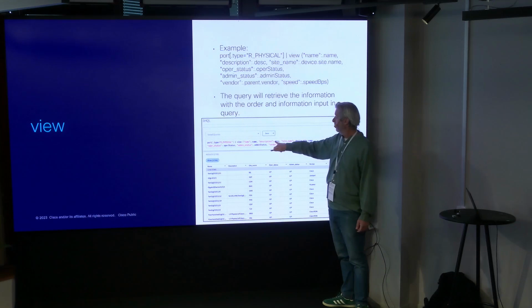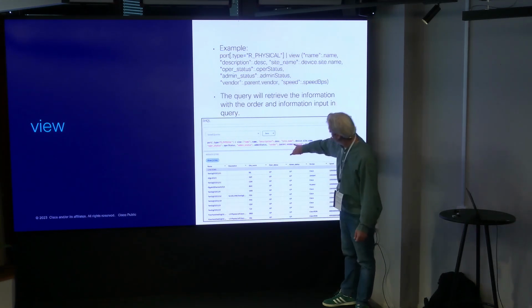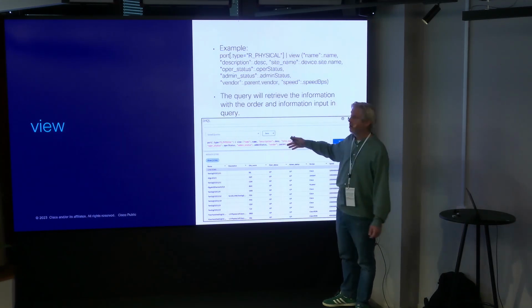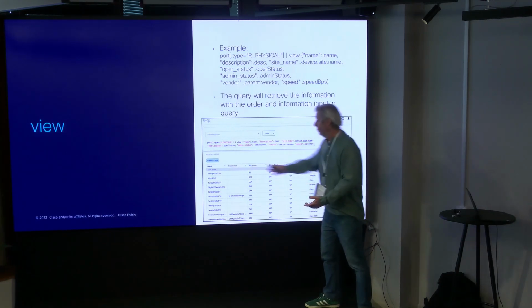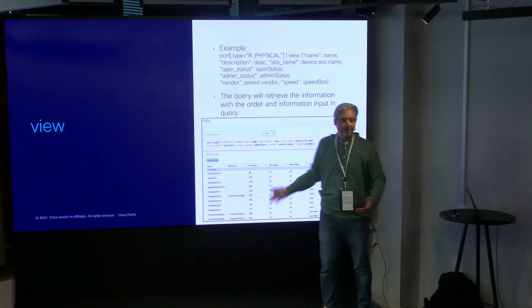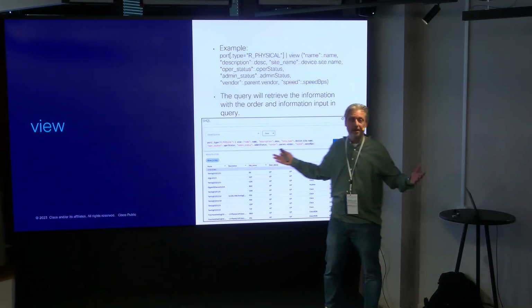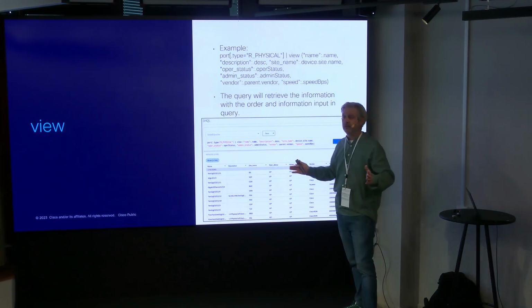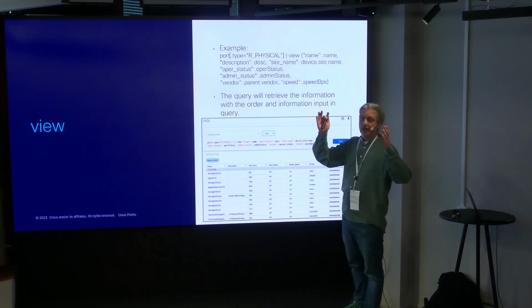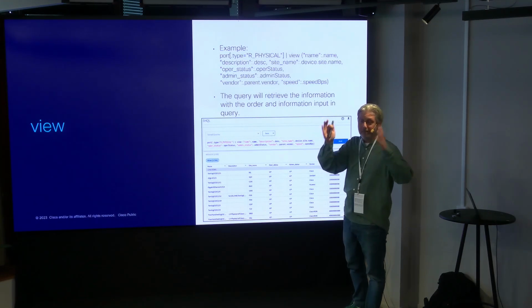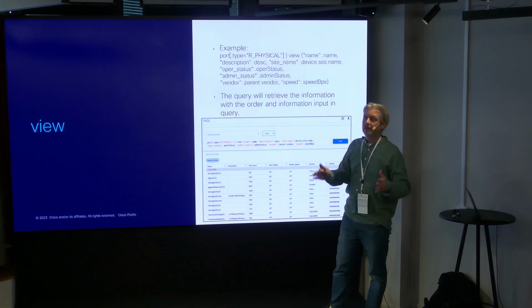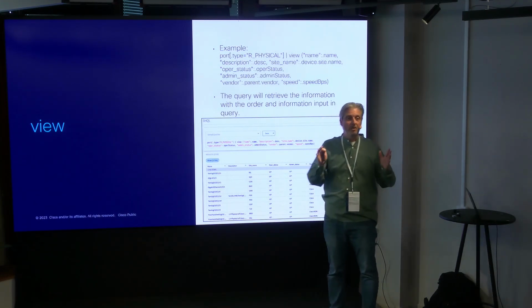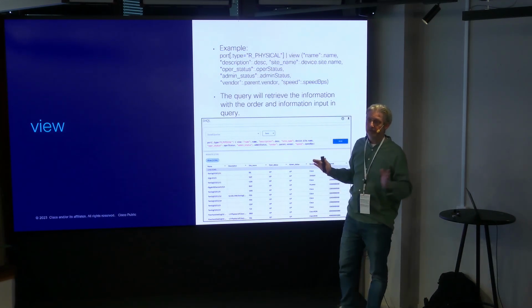Description will be from .desc, site name from device site name, and so on. So eventually you will not have a table with, I don't know, 20, 30 different attributes, but only what you need. Again, so you'll have a pretty much smaller response. It will be much easier for you to parse only what you need, only what you expect to get.